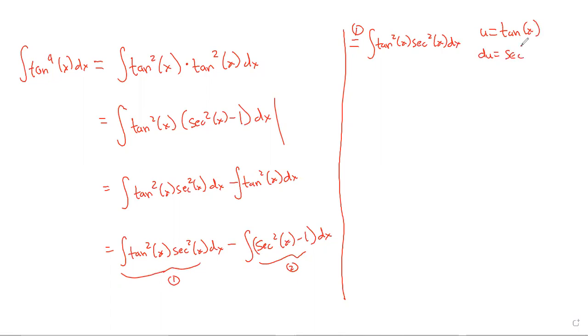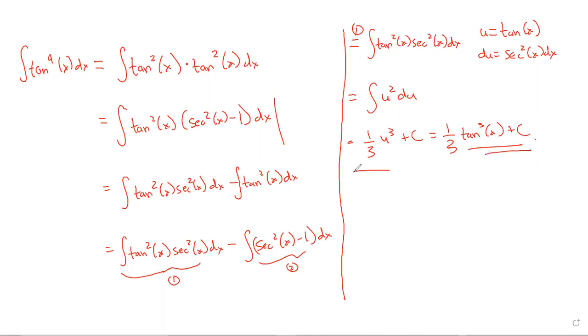Du, in that case, is secant squared x dx. So this is just going to be the integral of u squared du. And we know that this is 1/3 u cubed plus a constant. Substituting back in x, we have tangent cubed x plus c. So there is the evaluation for the first integral.